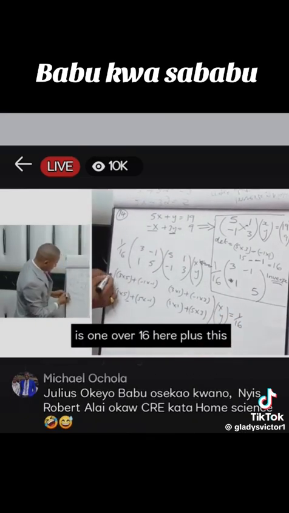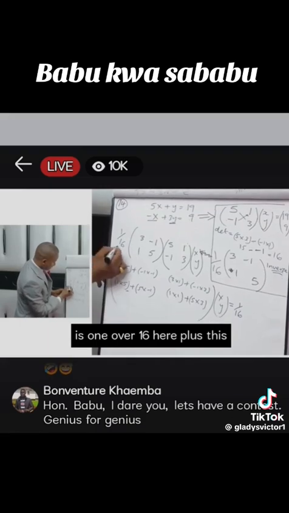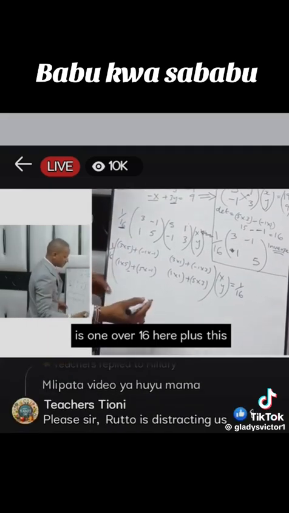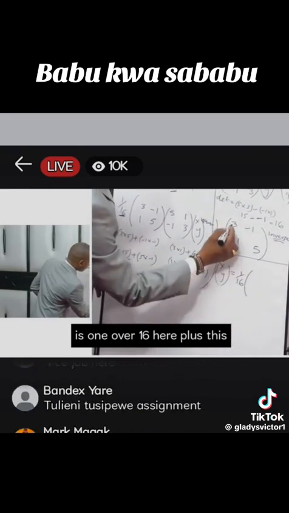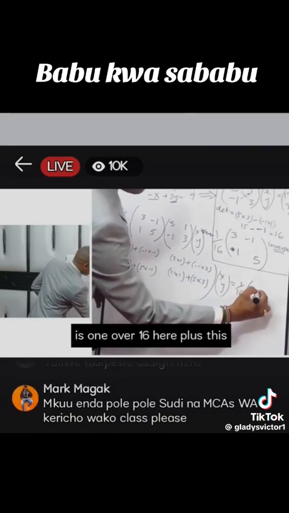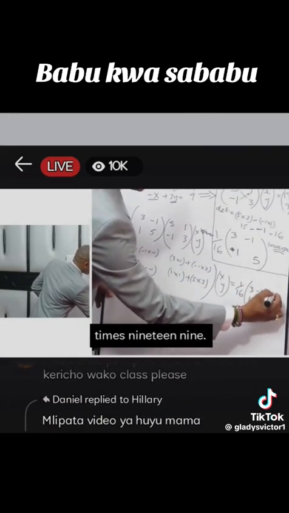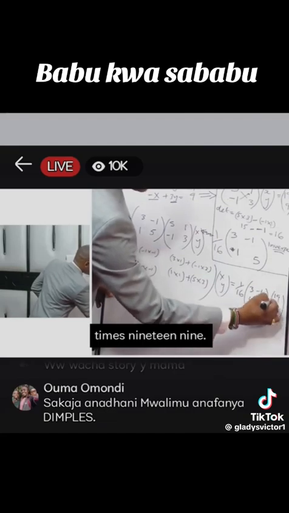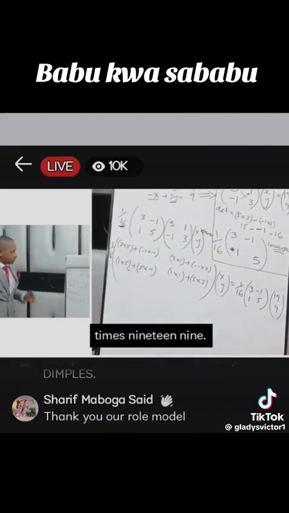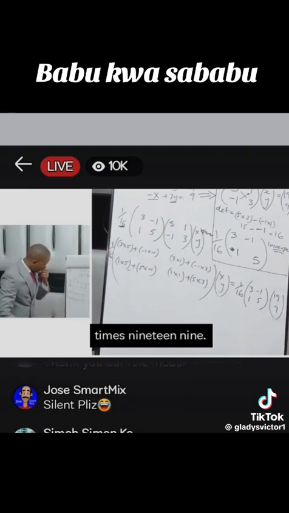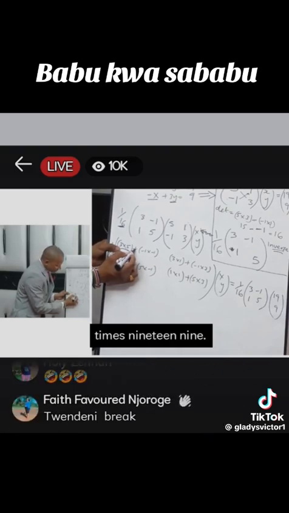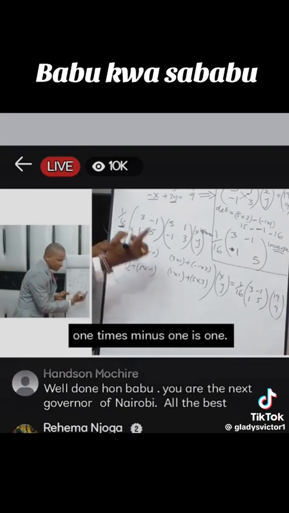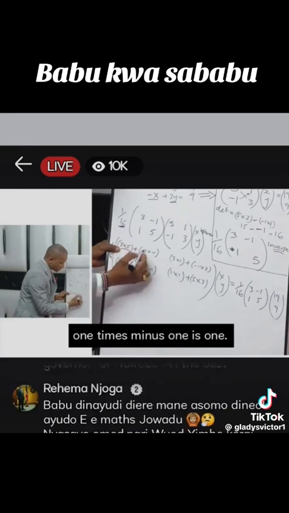Remember there is 1 over 16 here, plus this, 1 over the determinant, into 3, 1, minus 1, 5 times 19, 9. So let's open this up. This is 15. 15 plus minus 1 times minus 1 is 1. So it is 15 plus 1, which is 16.